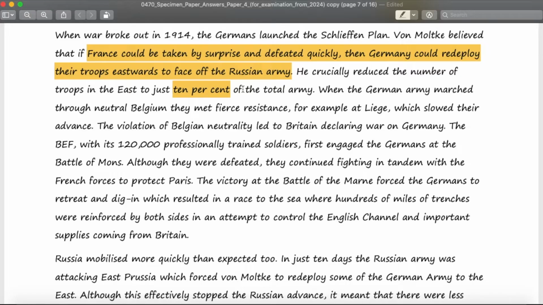Marching through neutral Belgium and violating Belgian neutrality, which brings Britain into the war. So that implementation of the Schlieffen Plan going through Belgium was very decisive. The treaty between Belgium and Britain went back all the way to, I believe, 1830.